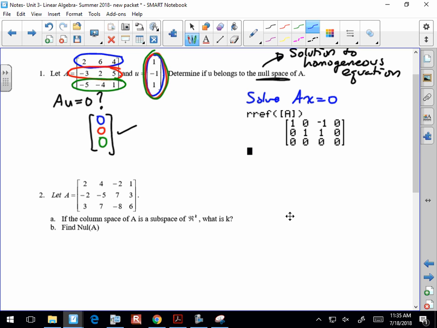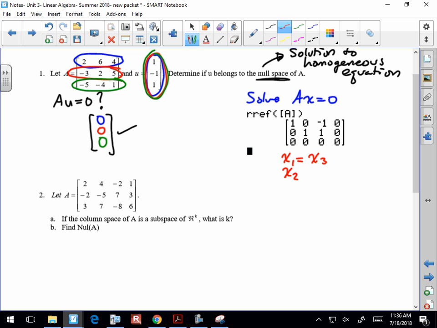Okay, so you look at this and you say, is there a way that I can tell from the reduced row echelon form that U is a solution, that it belongs to the null space? Well, let us develop a solution here. X1 equals X3, right?